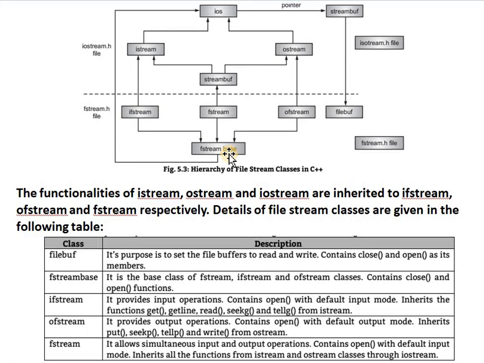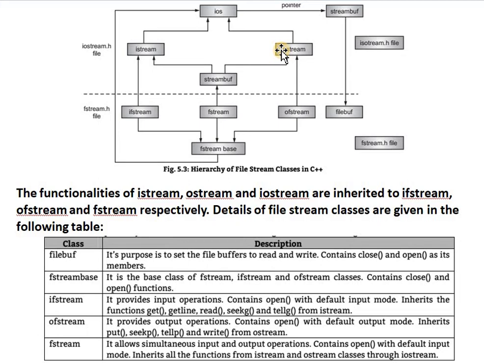Then the next one is the fstream class. As we know, it allows simultaneous input and output operations on the file. This class inherits the istream and ostream classes.